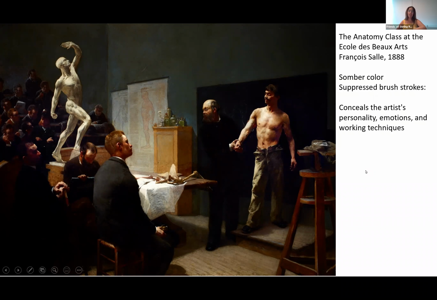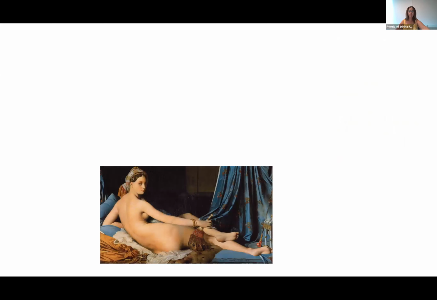But what we see through the painting is that the artist conceals the brushstroke. What you have to see here is only the composition. You don't see his personality or emotions through the brushstroke. That is what is going to change, because this brushstroke is kind of the signature of an artist.